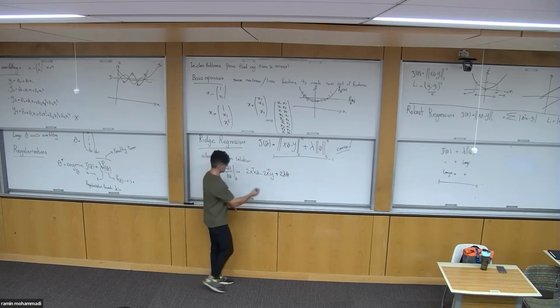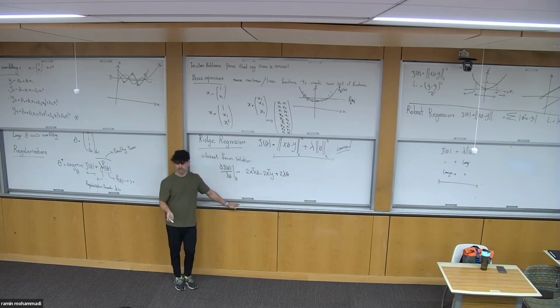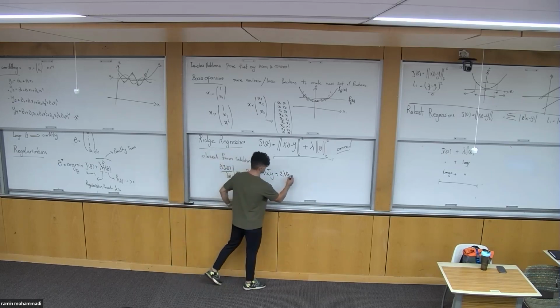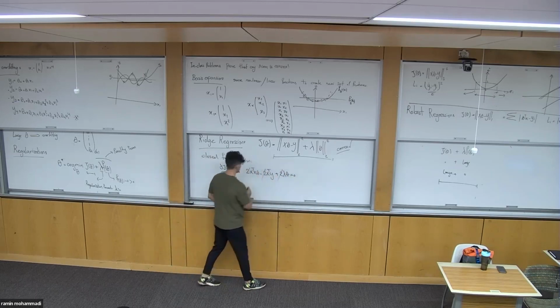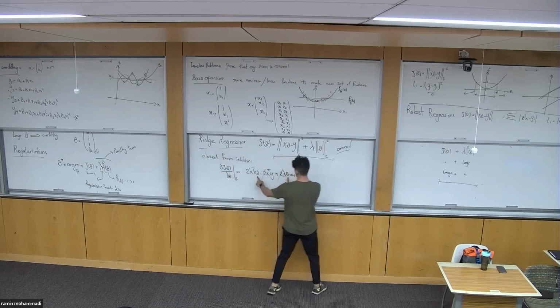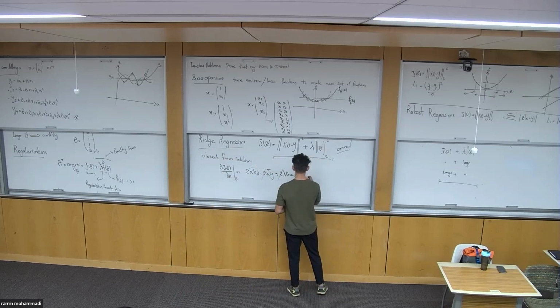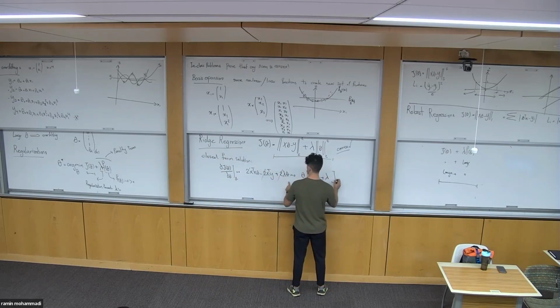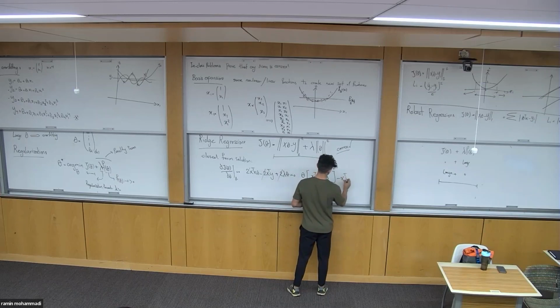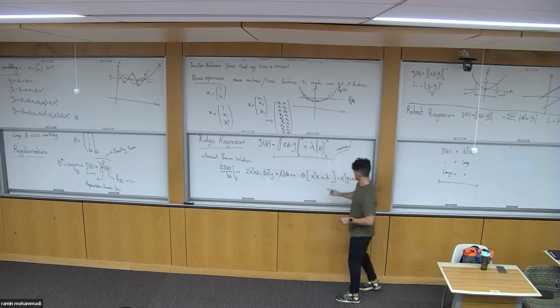Right? So closed form solution, that means you want to set it to 0 and solve for it. So we set this to 0, get rid of all those 2's. Now we have a theta in both locations here. So basically we end up with x transpose x theta plus lambda theta minus x transpose y equals 0.